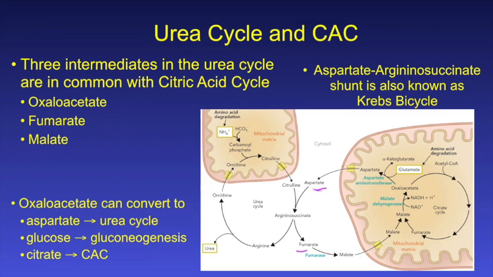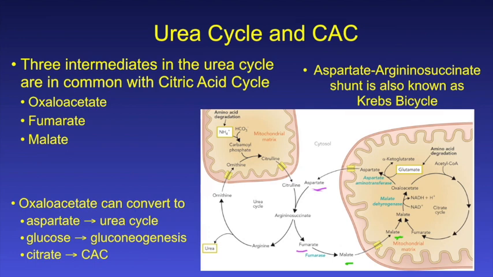Well, fumarate can be converted into malate because malate can be shuttled inside the mitochondria. Once malate is inside the mitochondria, we have the citric acid cycle, a cycle that I know. And now you know the urea cycle. Malate reacts to form oxaloacetate.